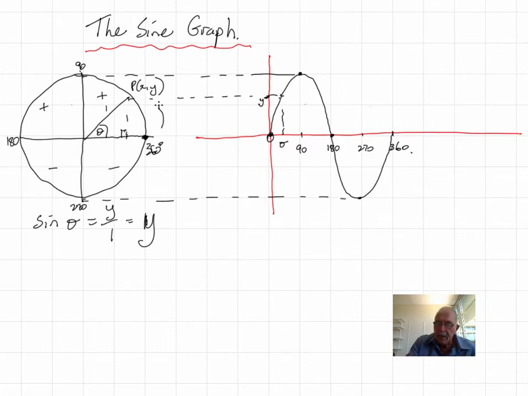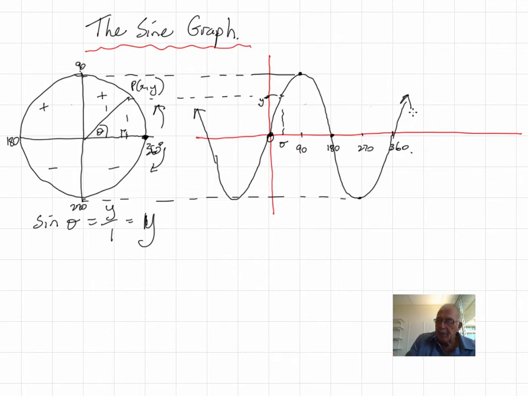If you went in the other direction for theta, so here's 0 and this would be -30, -60, -90, etc., sine is negative in that quadrant, so this will continue down like this. And after you get to 360, you don't stop, you keep going, and it would continue on up as well.